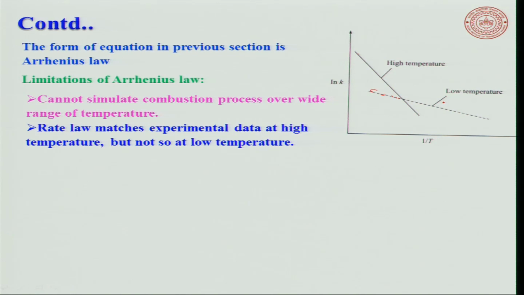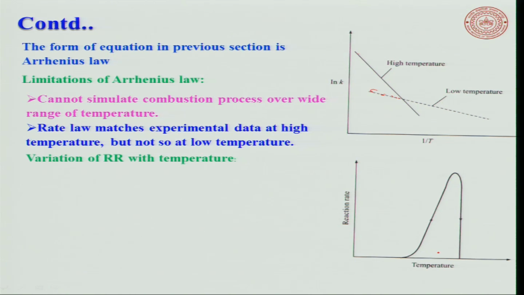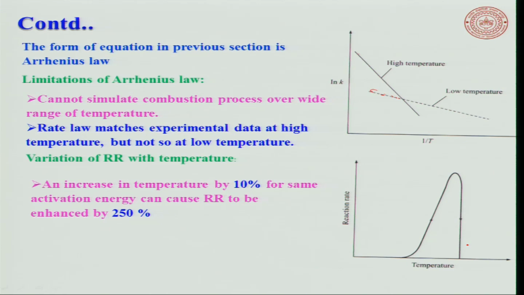So, one has to take care of that, and keep in mind that the variation of reaction rate with temperature is really interesting, because if I go on increasing the temperature, you will see the reaction rate goes up; of course, it goes down later because the species will not be there to react. And keep in mind that this goes by exponential.